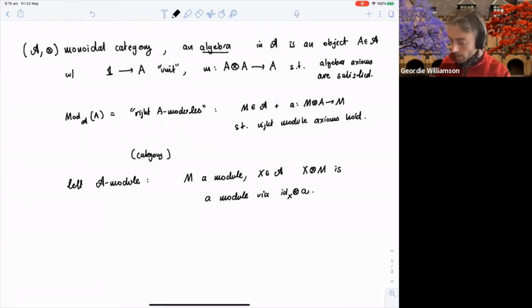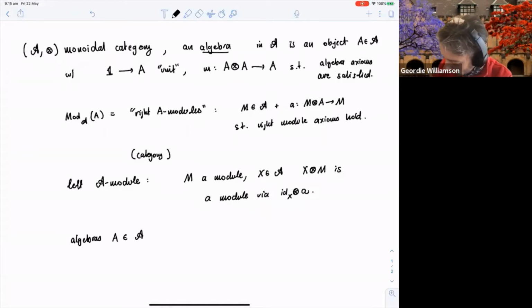Okay. So this gives us a process of going from algebras A in the monoidal category. Of course, I'm abusing notation here. An algebra is not just an object, it's an object together with a unit and a multiplication, satisfying the axioms.